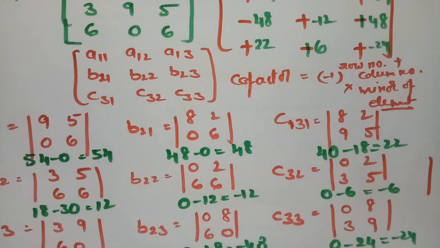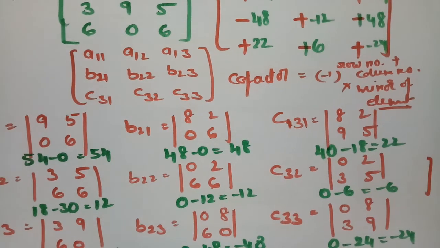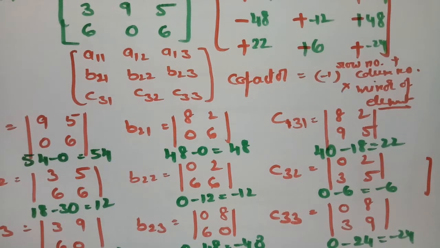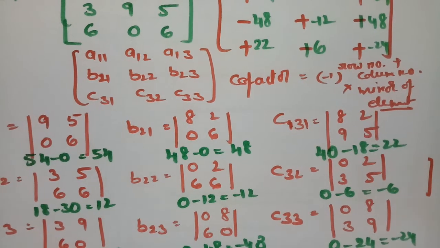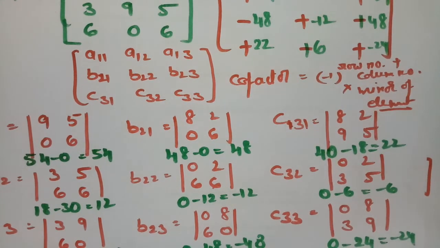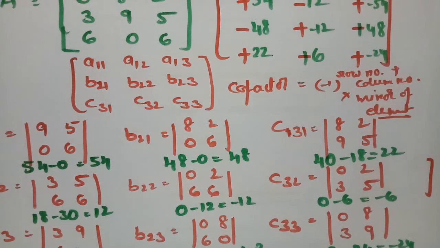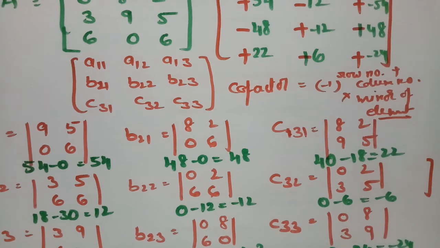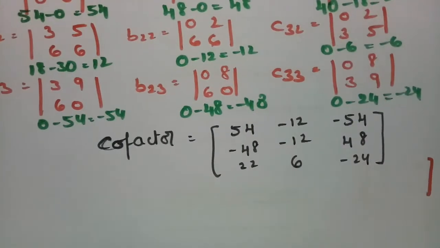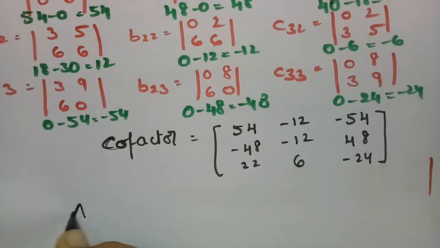So we got the cofactor of the matrix as, see, the cofactor matrix is nothing but 54, minus 48, 22, minus 12, minus 12 again, 6, minus 54, 48, and minus 24. After getting the cofactor, we have to find out the adjoint.